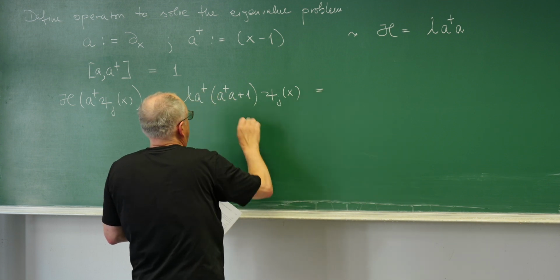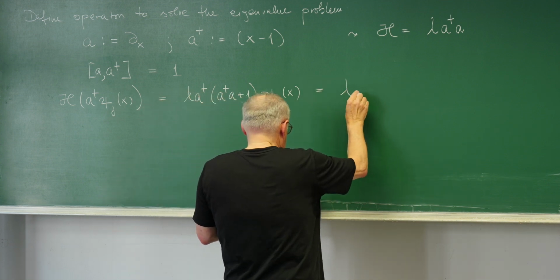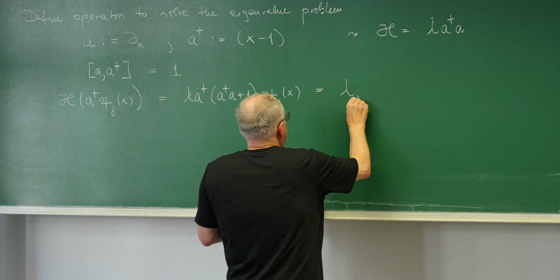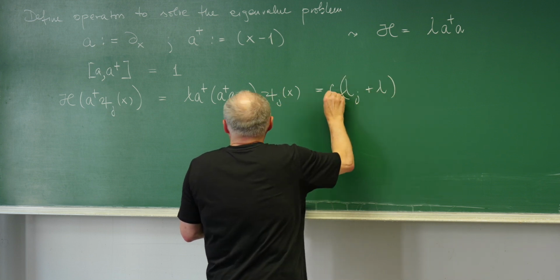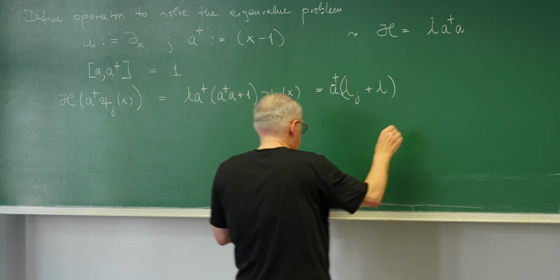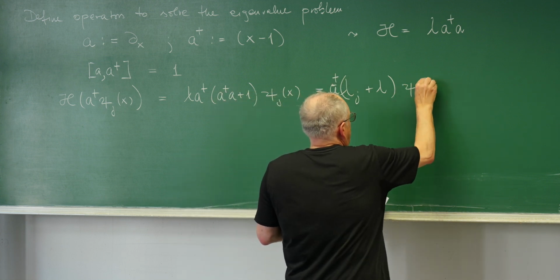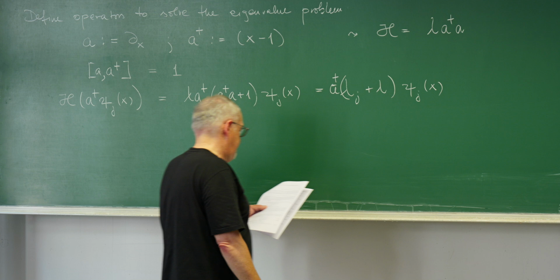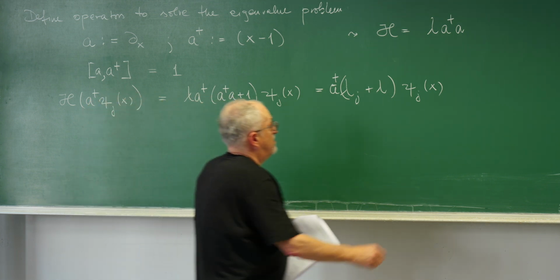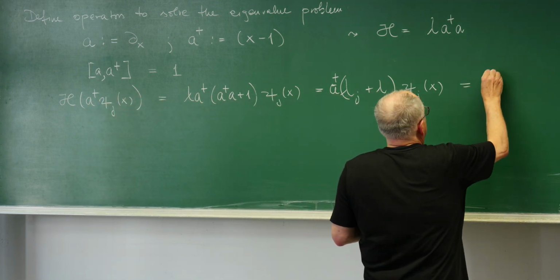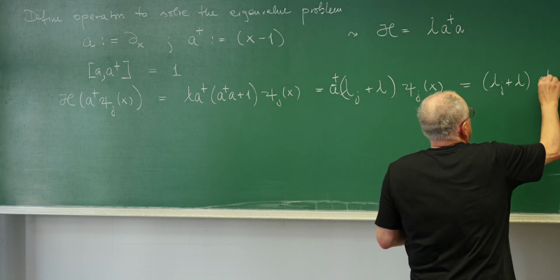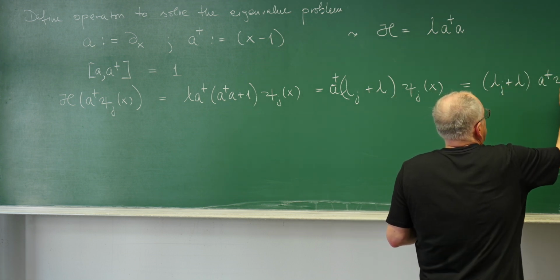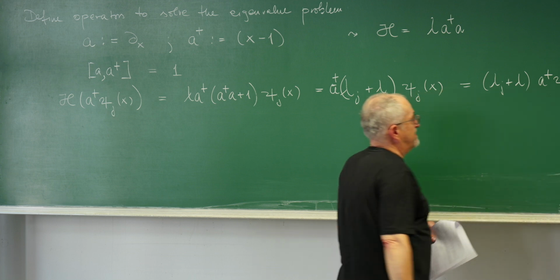Now using that psi_j is an eigenfunction, this is lambda_j plus lambda times a dagger psi_j of x. Or of course I can write this as (lambda_j plus lambda) a dagger psi_j of x.